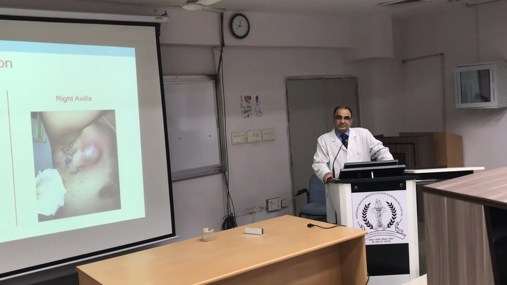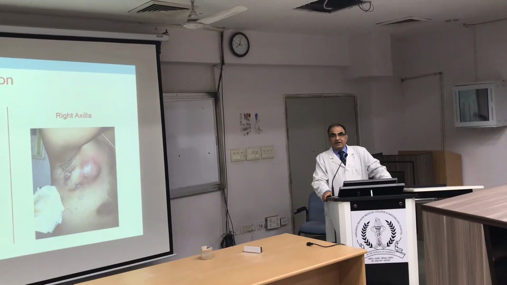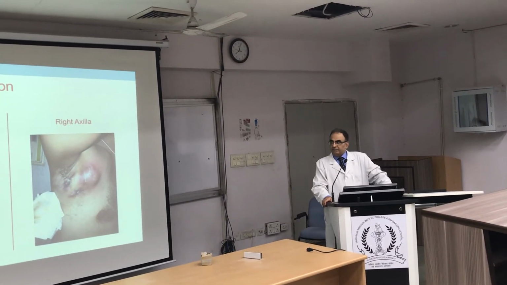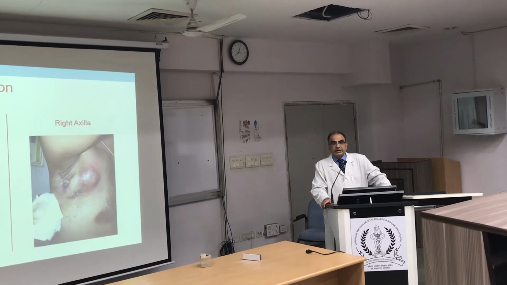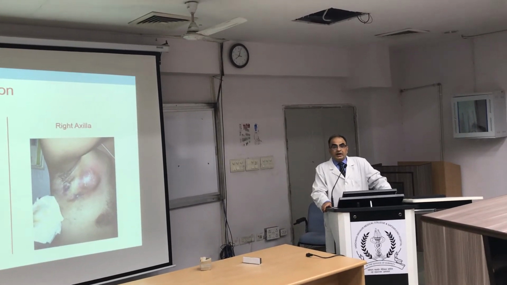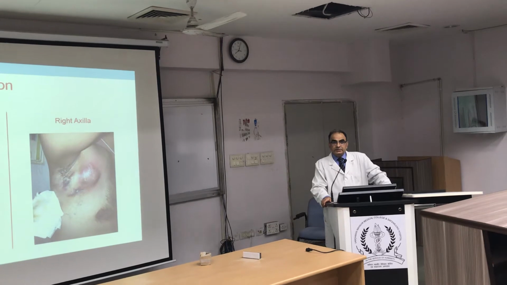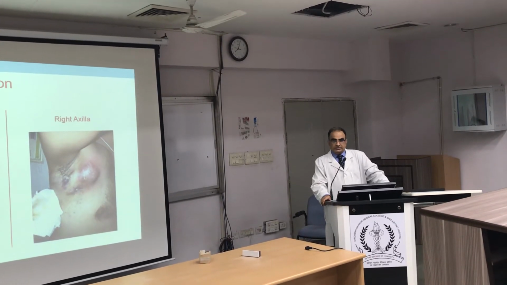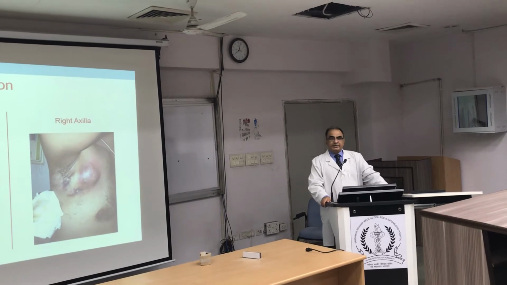You describe the levels now: 3, 4, and 5B. Level 5B means in the posterior triangle, the lower part of the posterior triangle needed to be described.